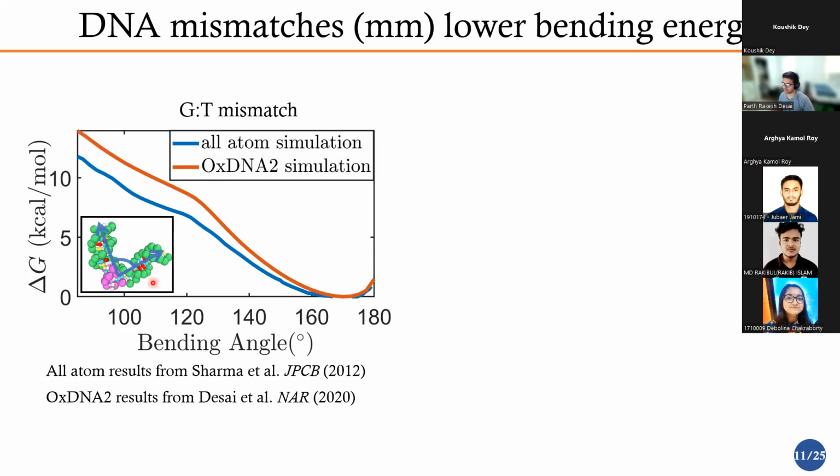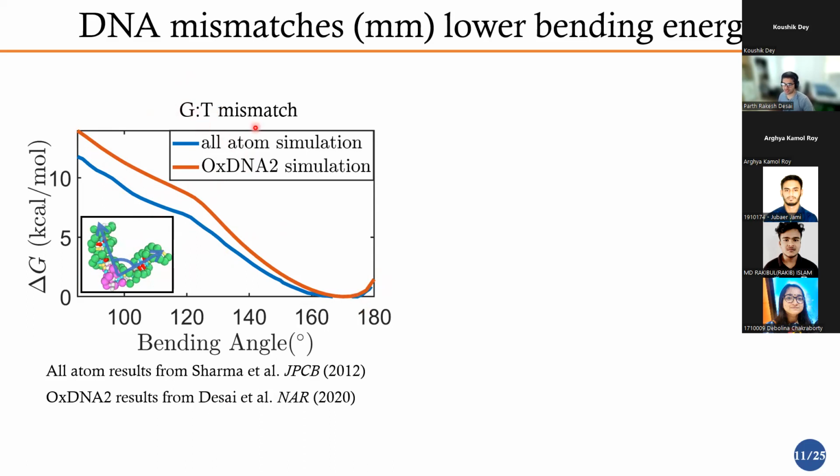And I could see that the OxDNA results were pretty close to the all atom simulations, right? So you can see over here, there's like 2-3 kTs of difference, right? So it's not quantitatively accurate, but it's close enough that we can use it, right? And so that's why we are confident we can use the OxDNA model to study this plectoneme pinning, because it can reproduce this bending rigidity caused by the mismatch.